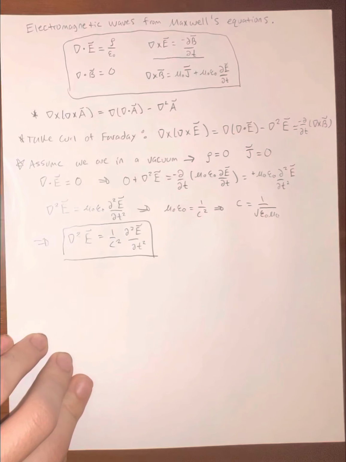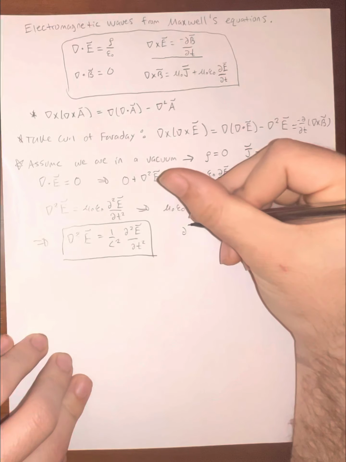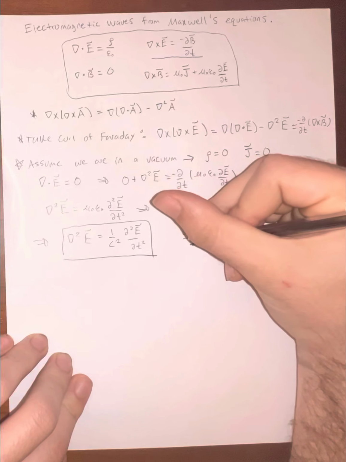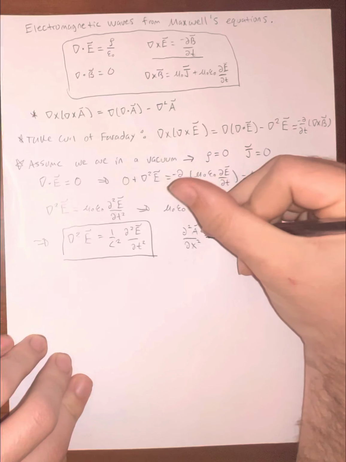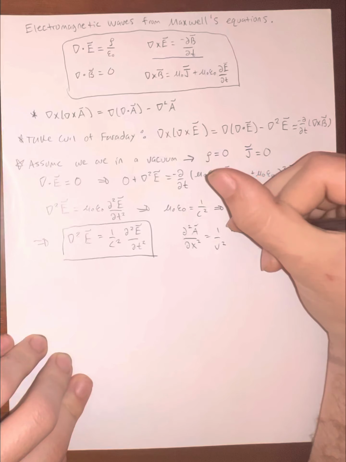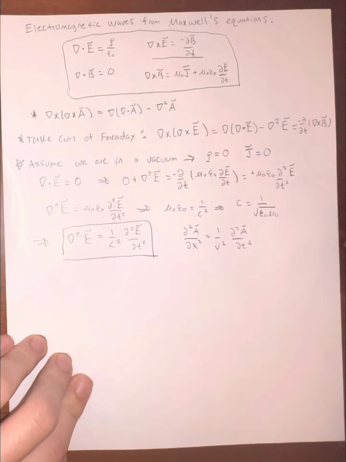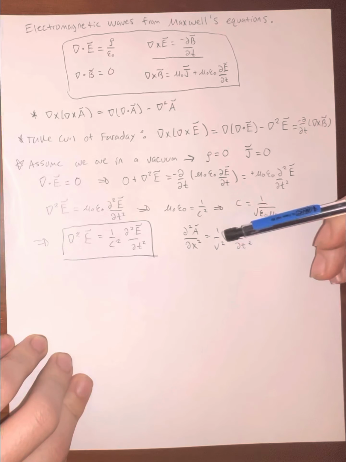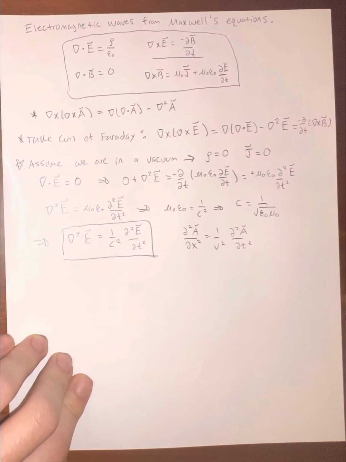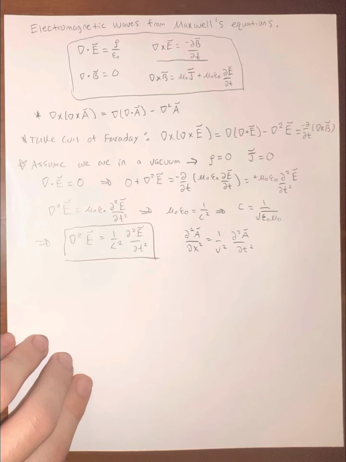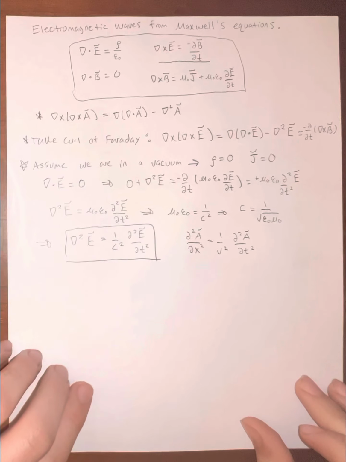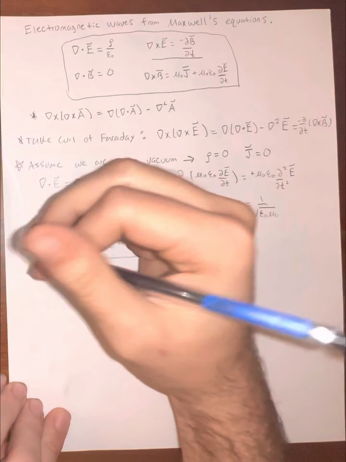If we remember wave equations of the form, where the 1 over square root term is the propagation velocity. So for electric fields, that propagation velocity is the speed of light. And we could do the same thing for B.